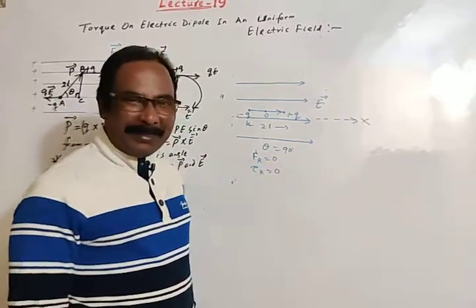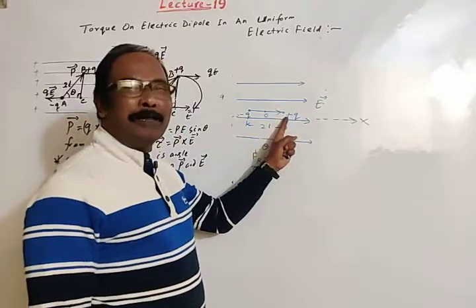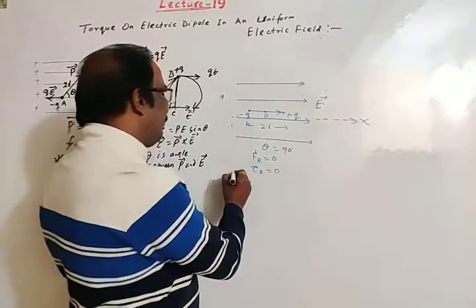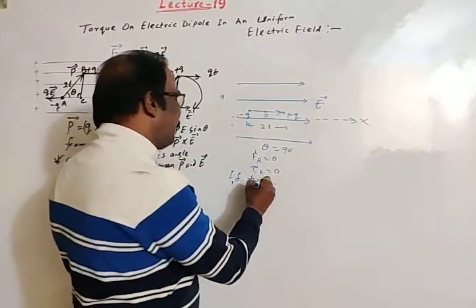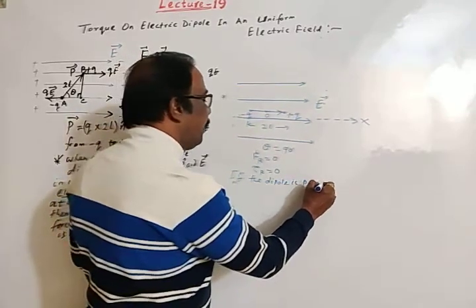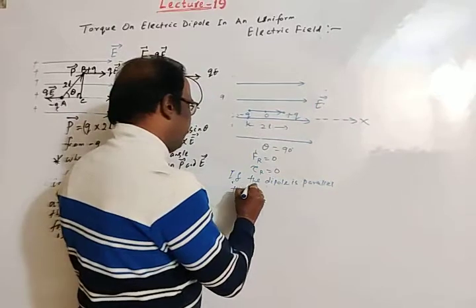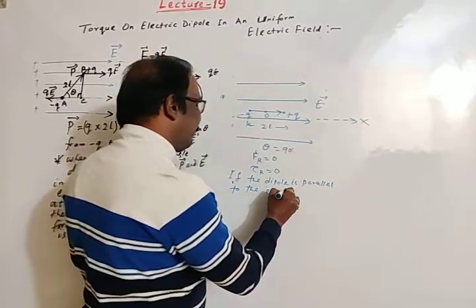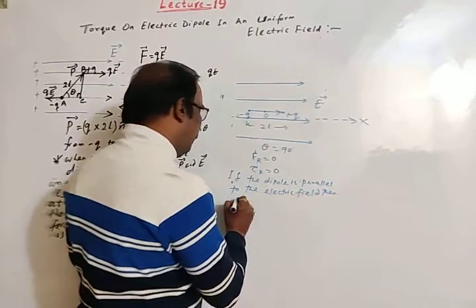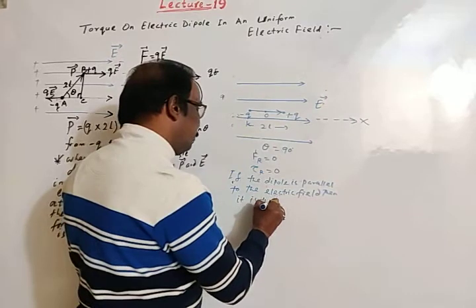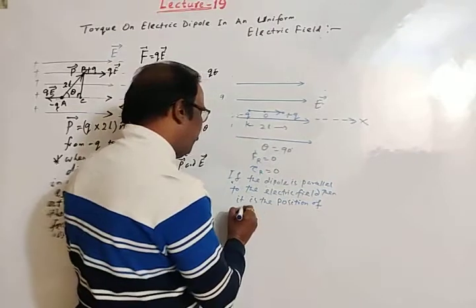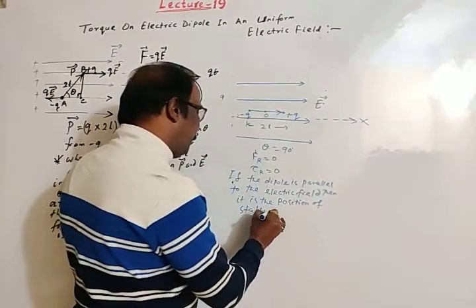So if the dipole is parallel to the electric field, then it is the position of stable equilibrium.